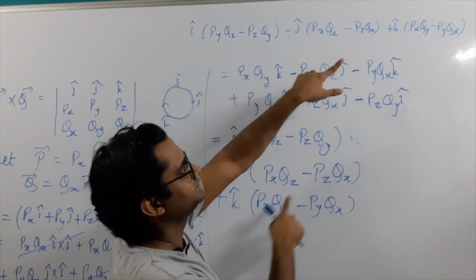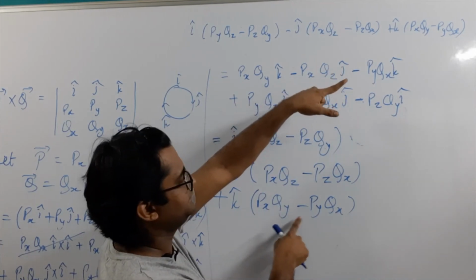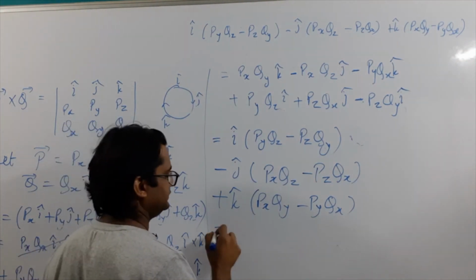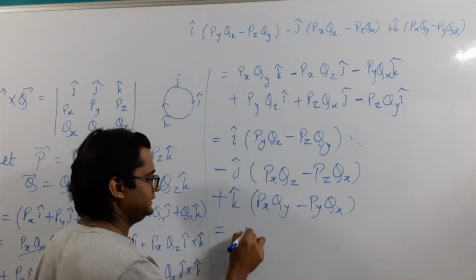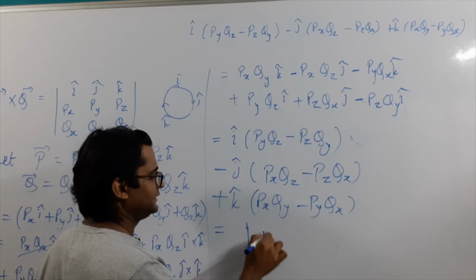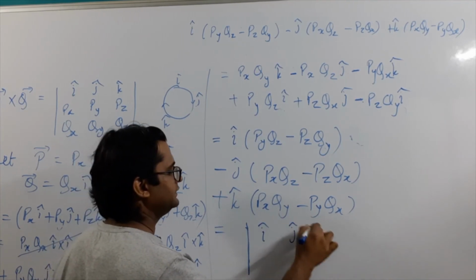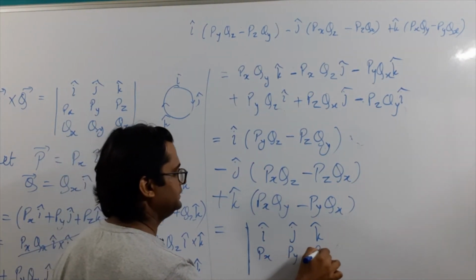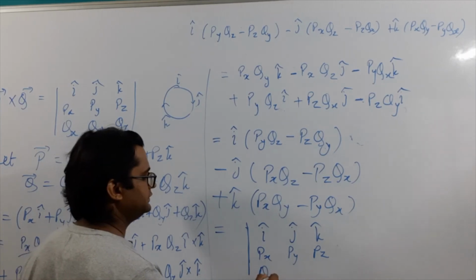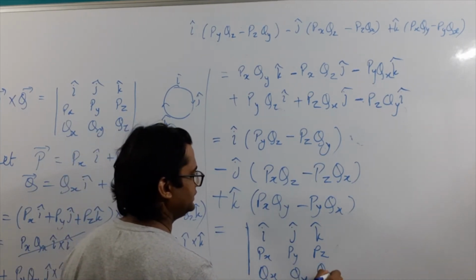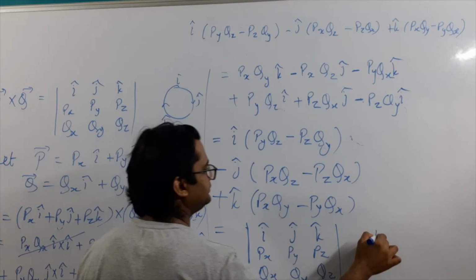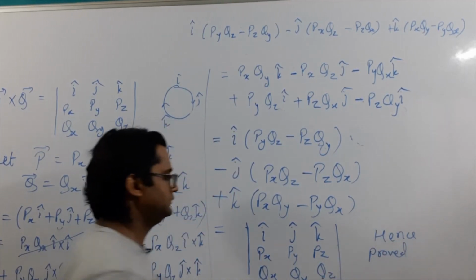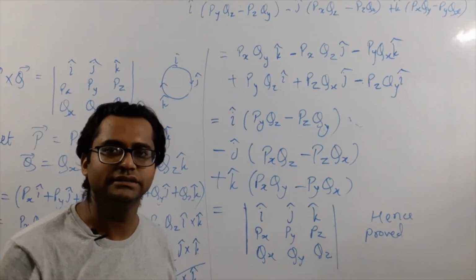We are also getting this term, and the third term k cap (px qy minus py qx). So we are getting all the terms. And what is the answer of this? Its answer is the determinant of i j k, px py pz, and qx qy qz, and hence we have proved what was asked here. So this is how we proved it.